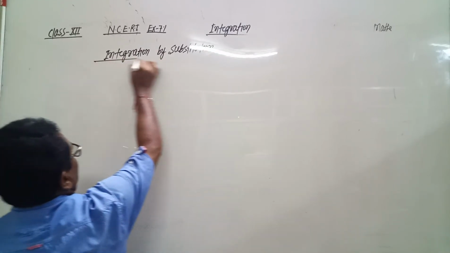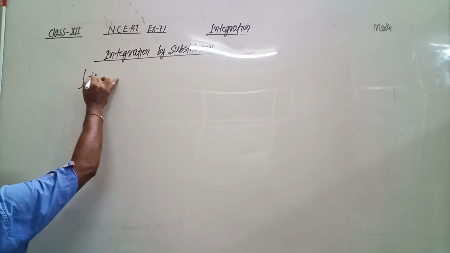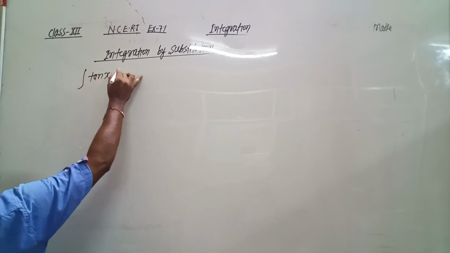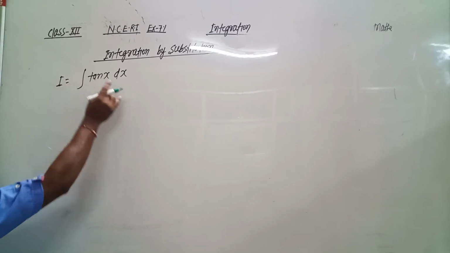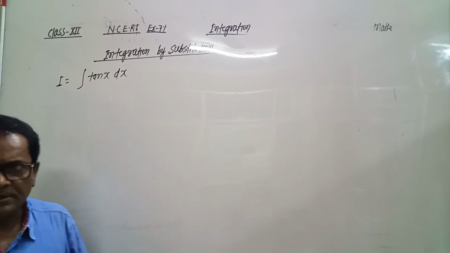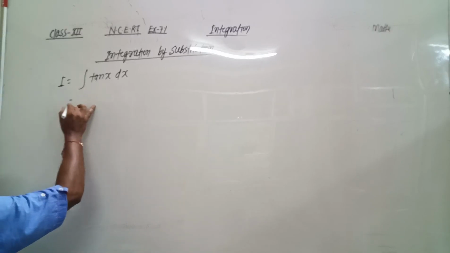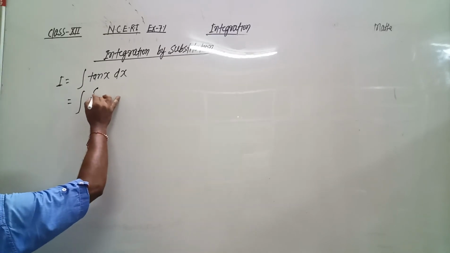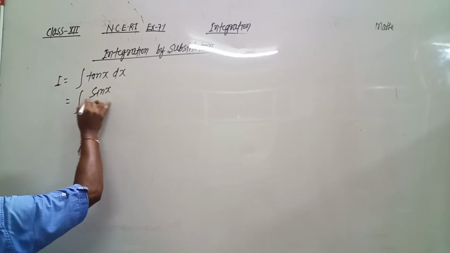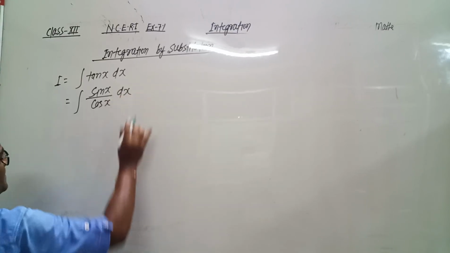And we derive the formula for integration of tan x dx. In this derivation we use the substitution method. So firstly we will expand tan x in terms of sine and cos. So tan x can be written as sin x upon cos x dx.